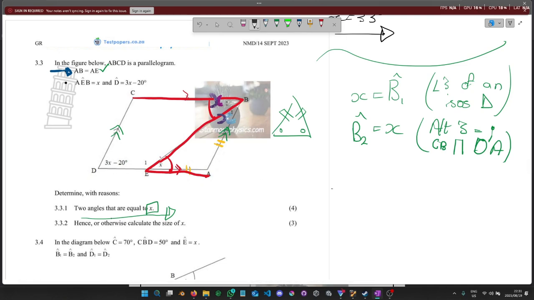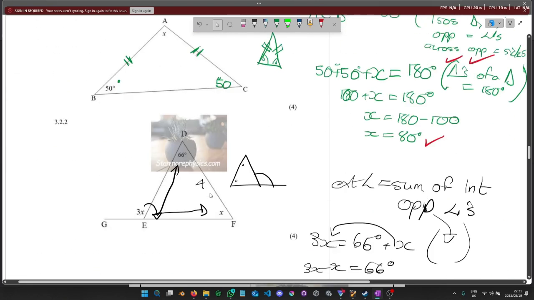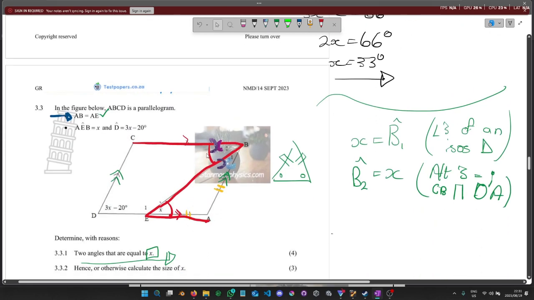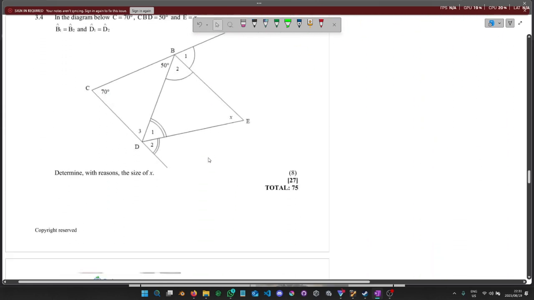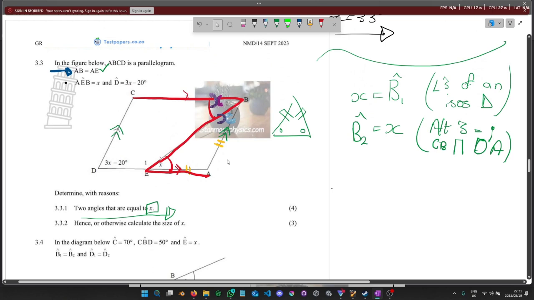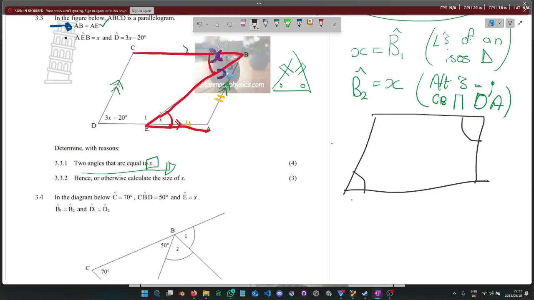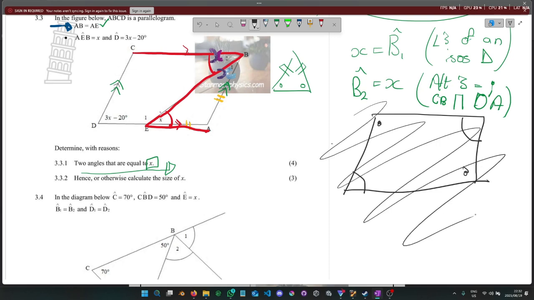Which means that's a quad. And from early in the question, we said that the sum of a quad is 360, right? But also, what are the properties of a quad? Properties of a quad is that this angle and this angle will be equal to each other, and this angle and this angle are going to be equal to each other, right?